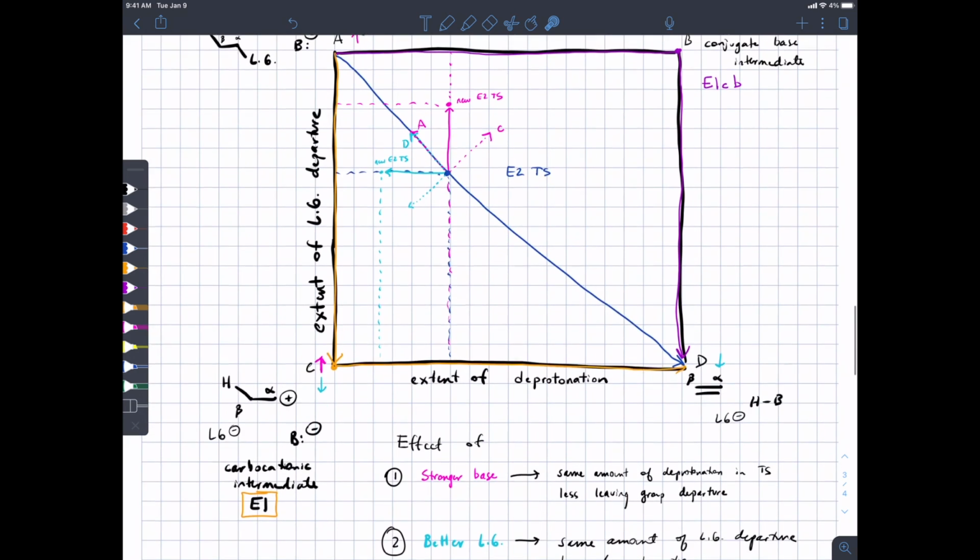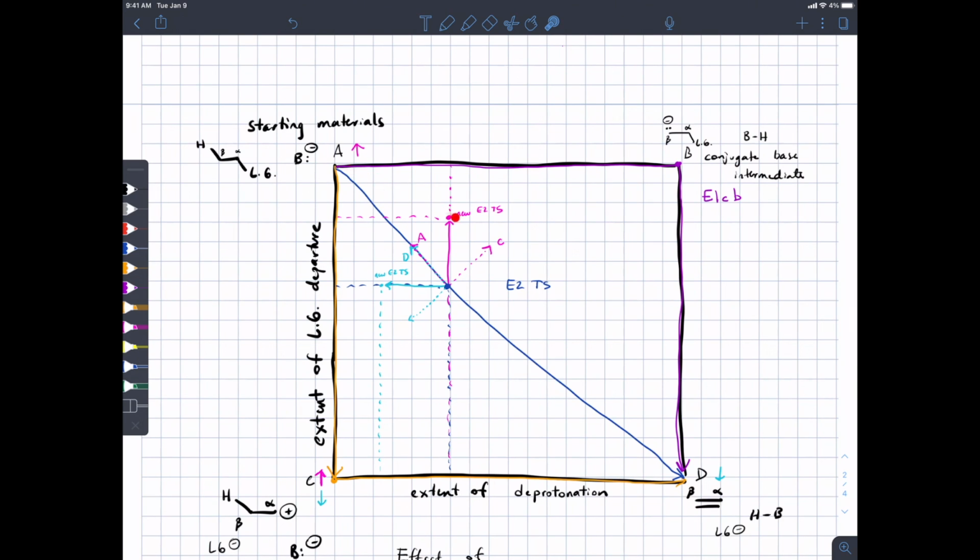Similarly, by making the base stronger, we have pushed the E2 reaction more in the direction of E1CB, where if we go all the way up here, then we remove the proton first and then the leaving group leaves. Notice what it would mean if we had a transition state here. This would be the E1CB transition state, and this would involve a certain amount of deprotonation with zero leaving group departure, right?